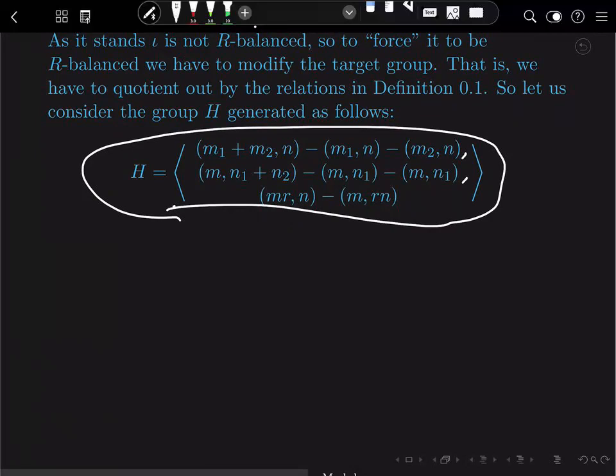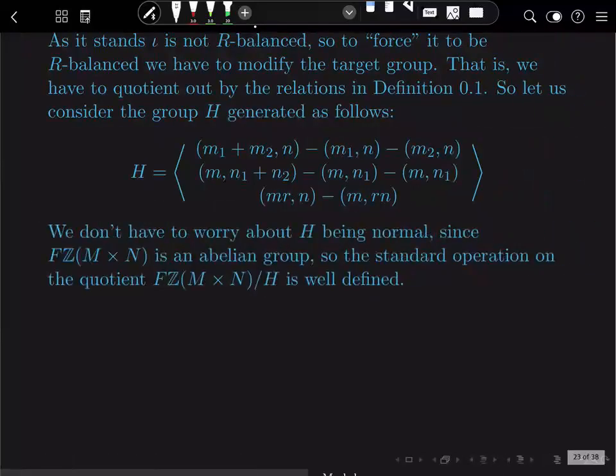Because the free Z-module, the free abelian group on M cross N, is abelian. So H is a normal subgroup because every subgroup of an abelian group is normal. So we don't have any problems there. As I've noted here, the standard operation in the quotient is well defined. So we have a quotient group, which is FZ of M cross N mod H.